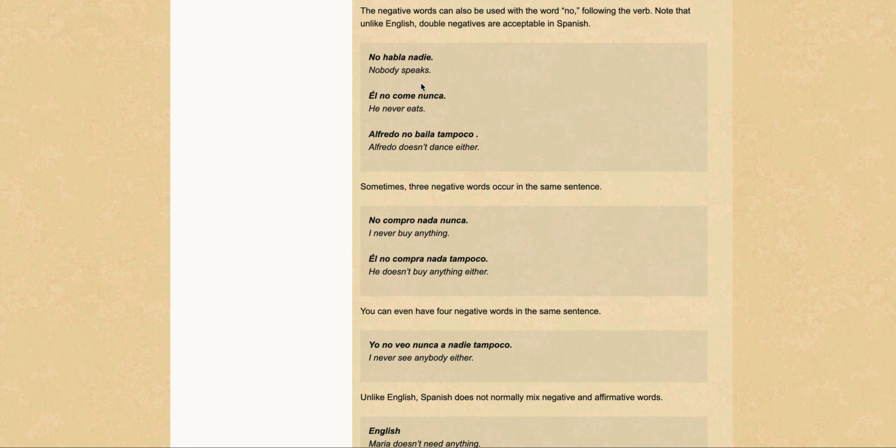We're using a negative word after the verb, right? Because before, we were only talking about using a negative word before the verb, but here we're talking about using it after. The negative words can be used with the word no before the verb.